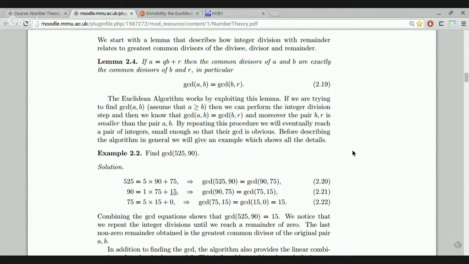Modern cryptography relies for its security, and for the way it can operate, the public key aspect of it, on properties of the integers related to prime factorizations, congruence arithmetic, and other number theoretic ideas.